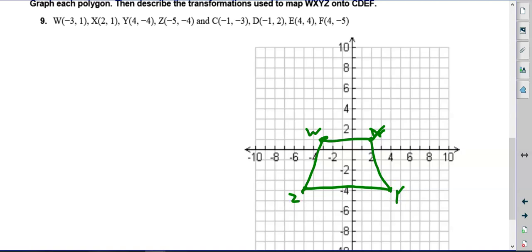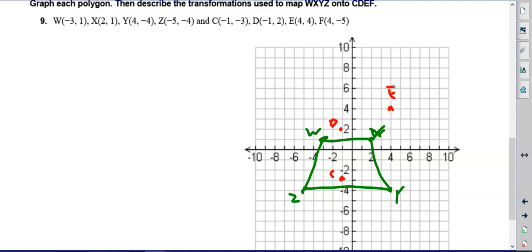Now we're going to map or do the other shape, CDEF. So C is at -1, -3. That's C. D is at -1, 2. E is at 4, 4.